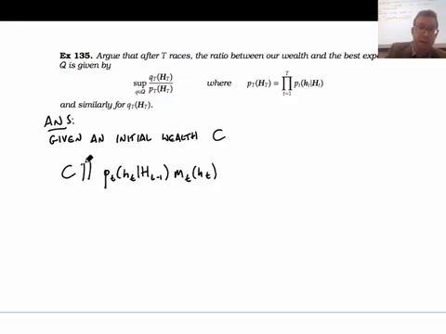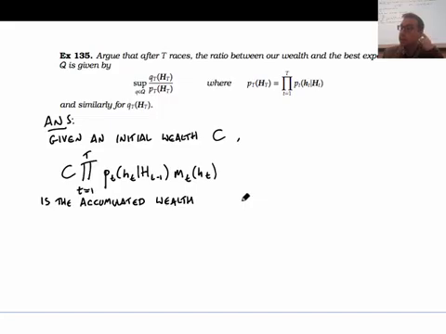So the total wealth that I'm going to accumulate is going to be that. So given an initial wealth of C, this is the accumulated wealth.